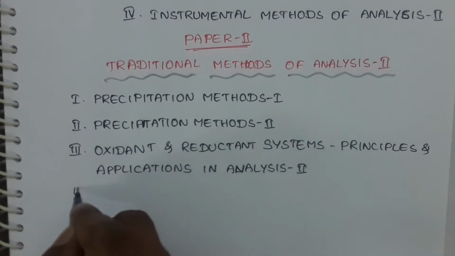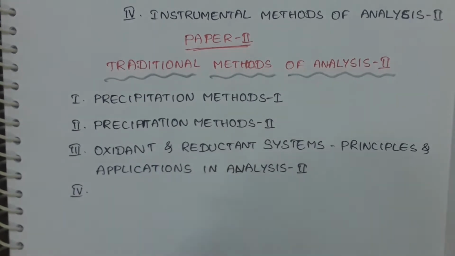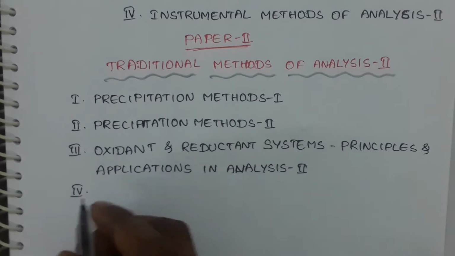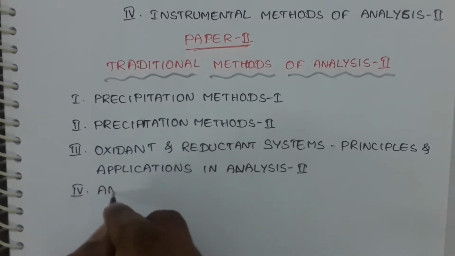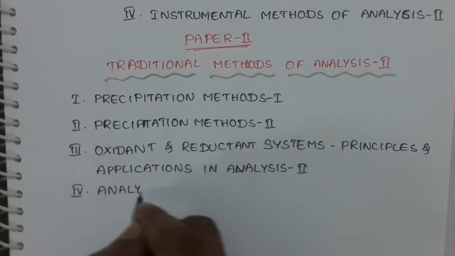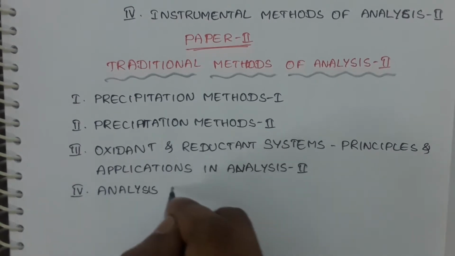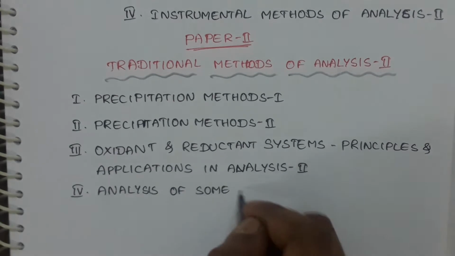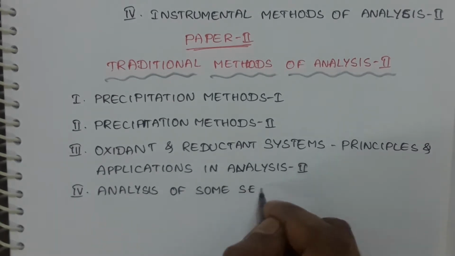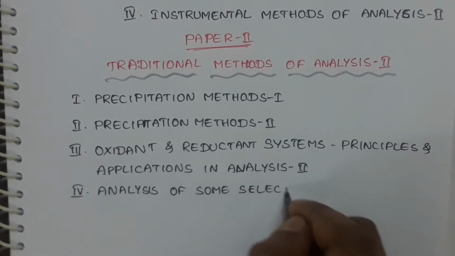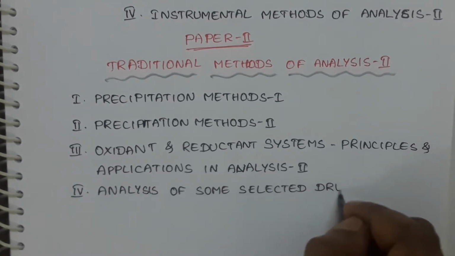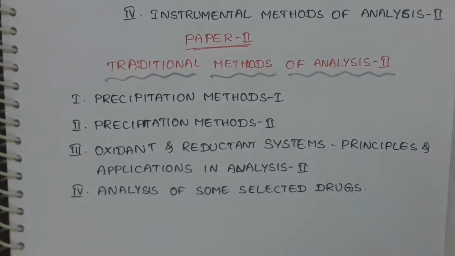And the last unit which is present in traditional methods of analysis 2 paper is analysis of some selected drugs.